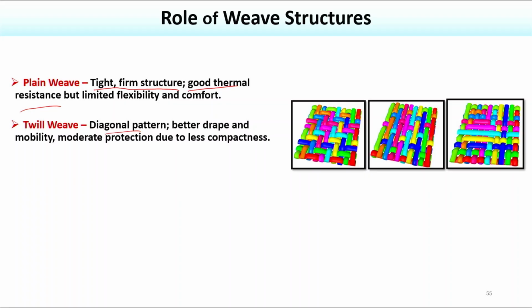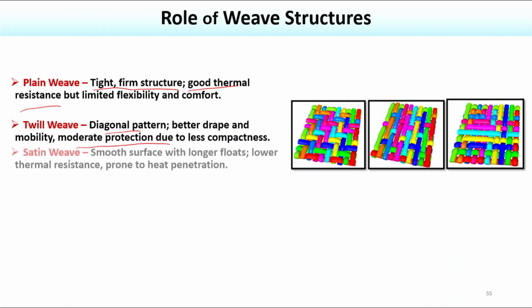So, it is a little bit more flexible, with better drape and mobility, and moderate penetrance protection due to less compactness. It is not that compact like plain weave. So, here we will get moderate protection. The structure is not that compact like plain weave.